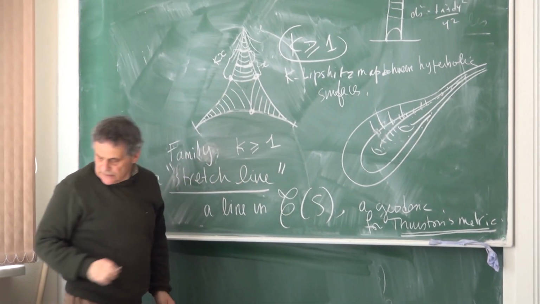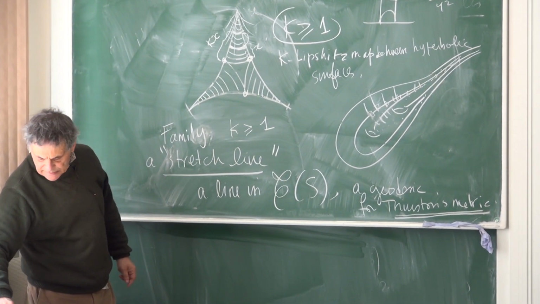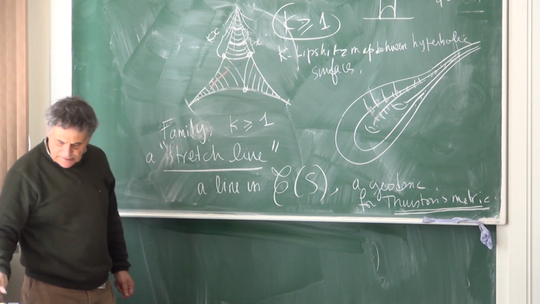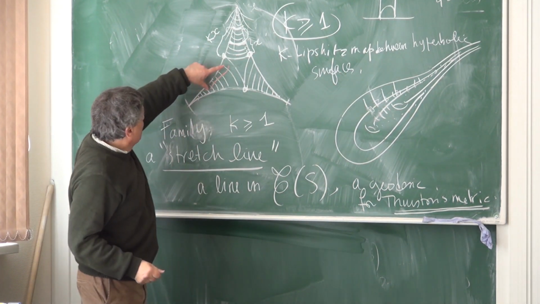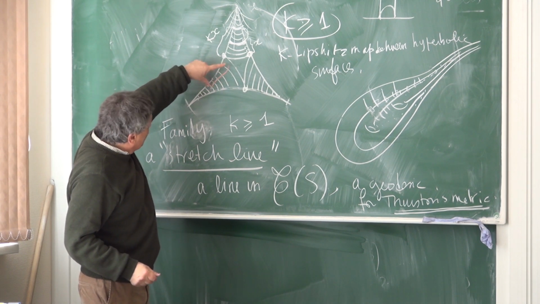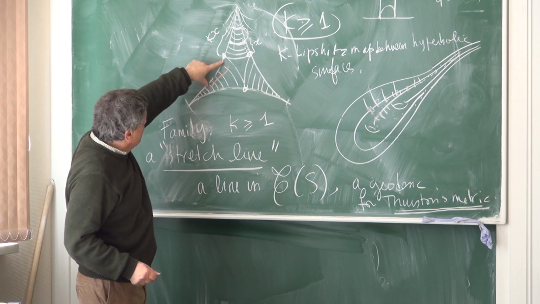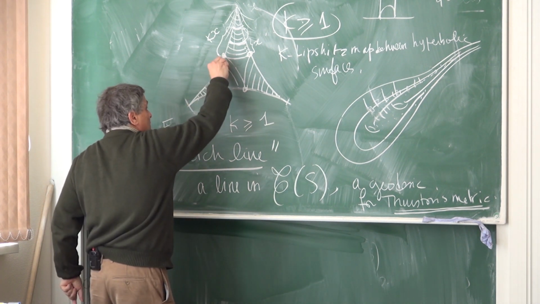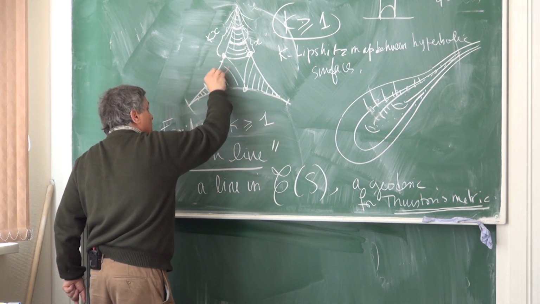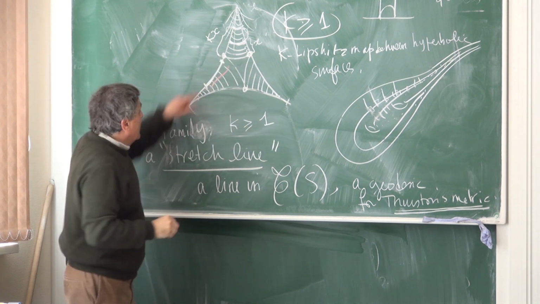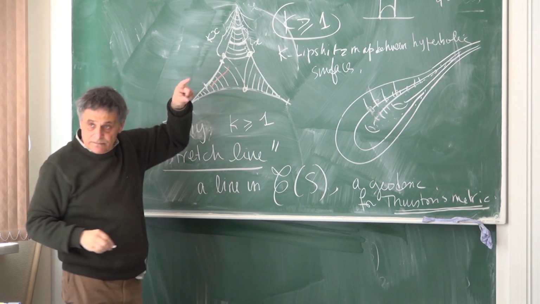if I take a transversal like this, then I declare, in fact, that the transverse measure of this transversal is the length of its projection on either side of the triangle.